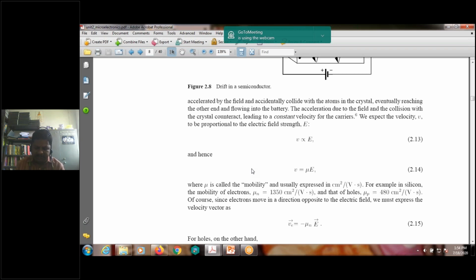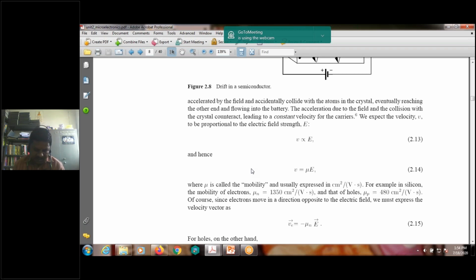And coming to the solution for the previous problem. The problem is: how should the carrier densities be chosen so that the electron drift current is twice the hole drift current.